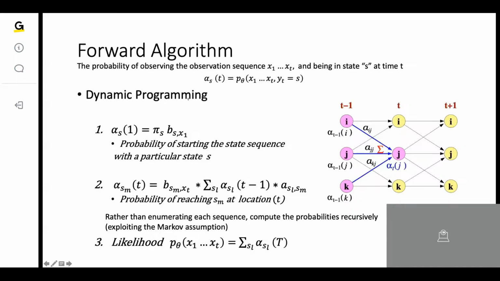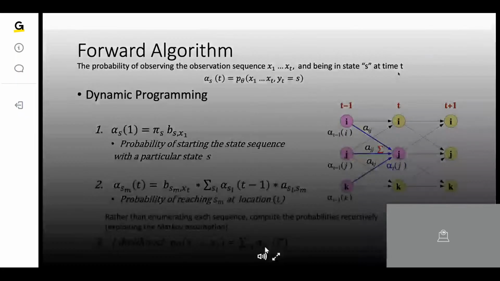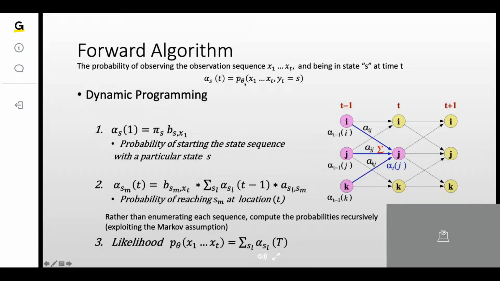In the forward algorithm, the probability of observing the sequence x1 to xt and being in state s at time t is given by alpha s of t, which is the probability of observing the sequence x1 to xt, and at the t-th instant the hidden state is s.